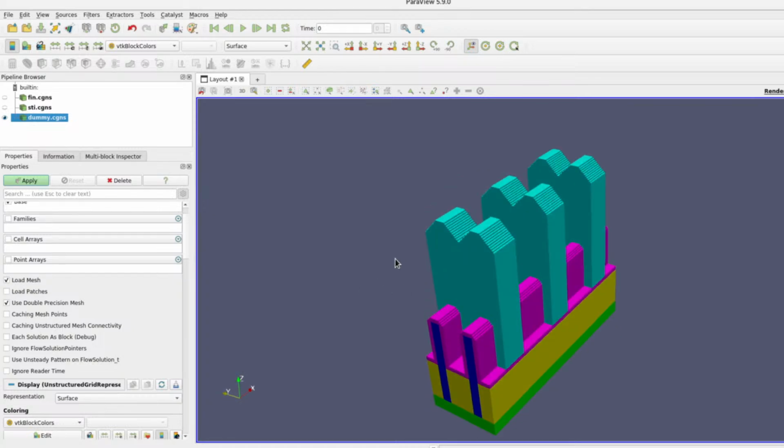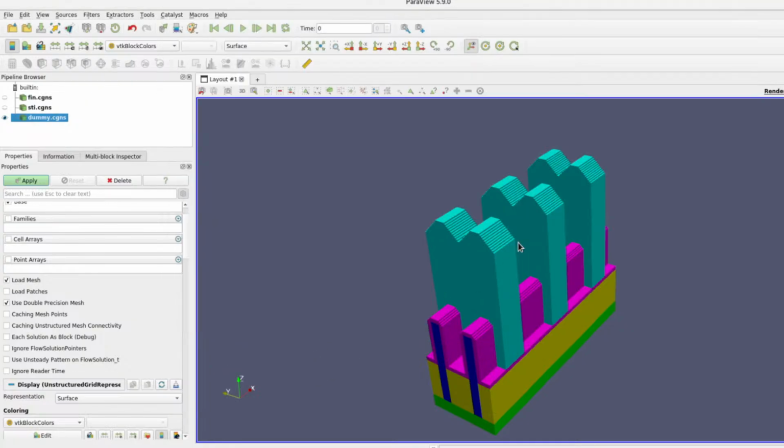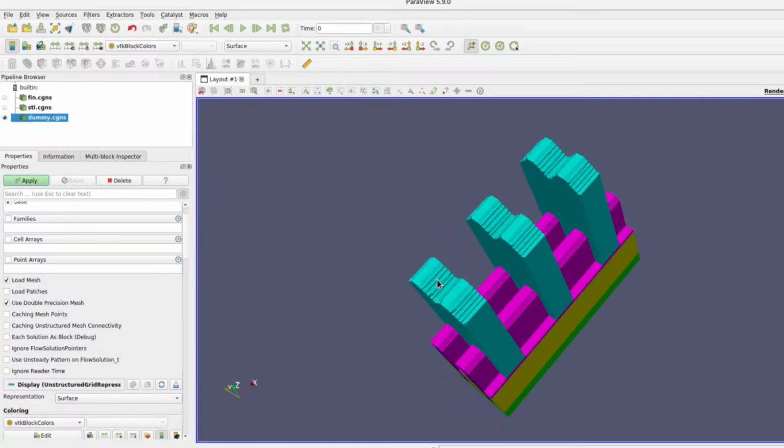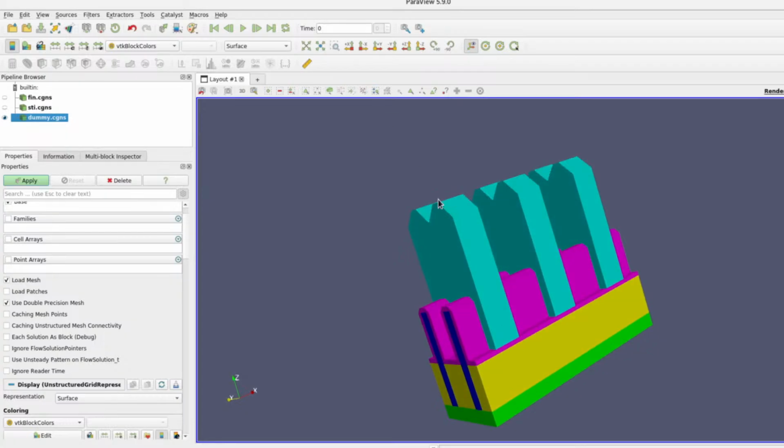Of course, originally this structure is entirely covered by the dummy gate, but by performing this anisotropic etch, now we have well-patterned dummy gates. Of course, this is not the end of our story. We have to form spacers just nearby this dummy gate, so that will be covered in our next video.